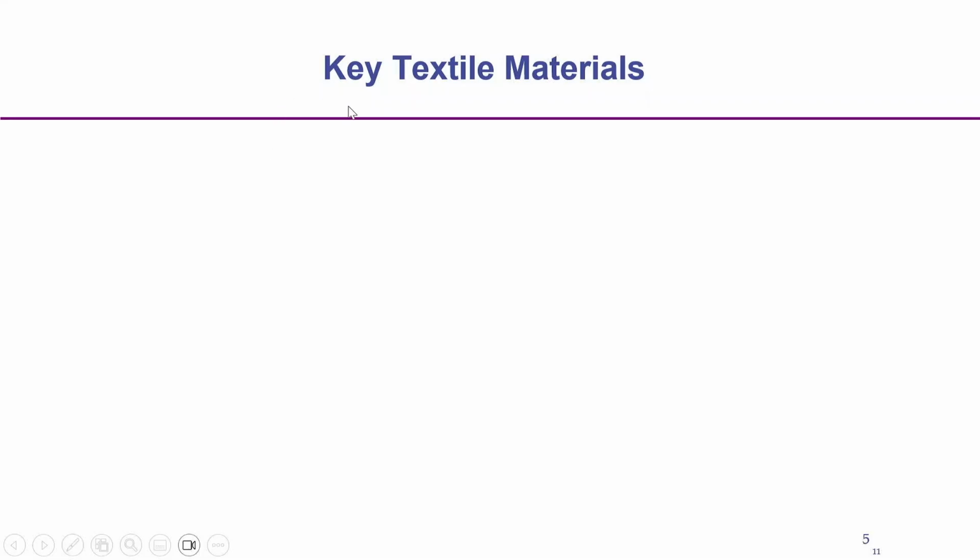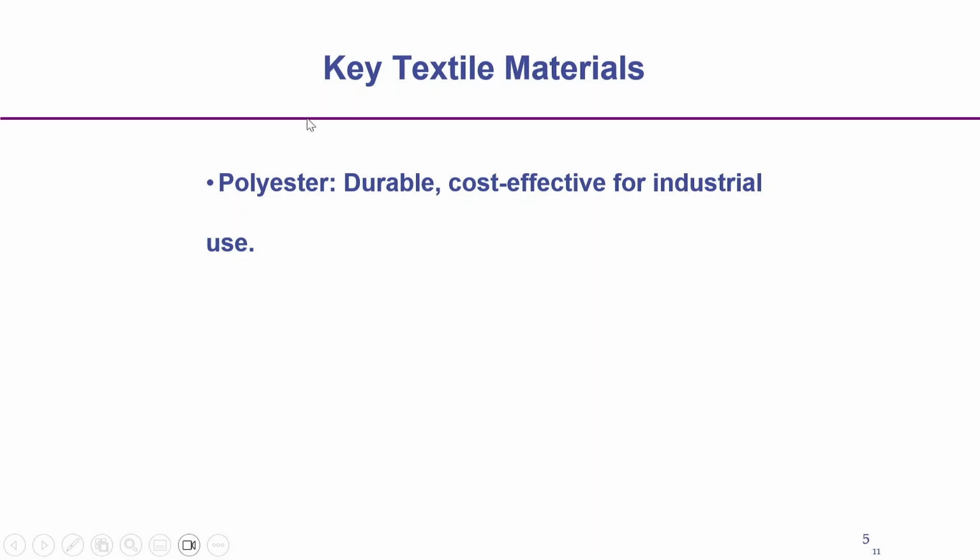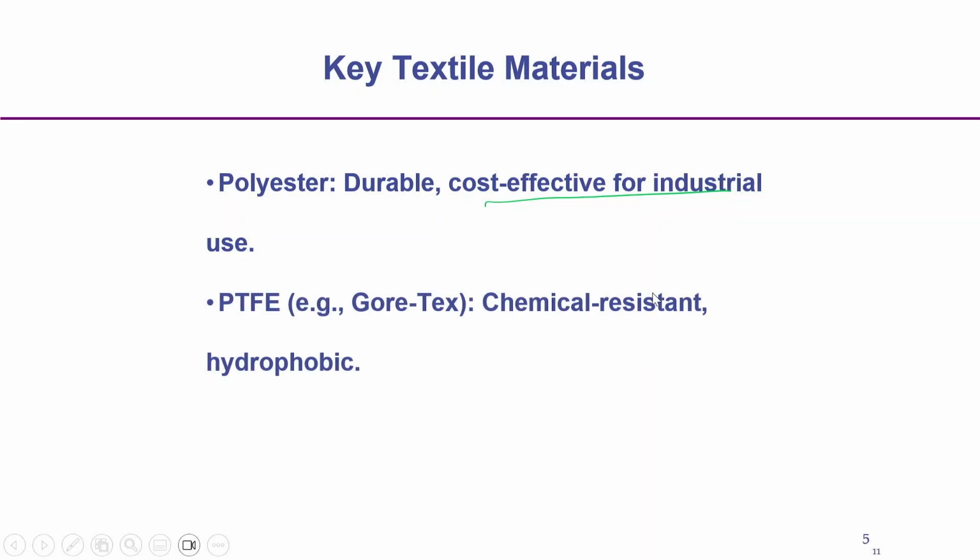So, what are the textile materials we use? Basically, polyester is widely used for being durable and cost effective, and its melting point is also high. For industrial use we can use polyester. PTFE we can use for chemical resistance and for hydrophobic applications; PTFE coated, Gore-Tex is one commercial product.